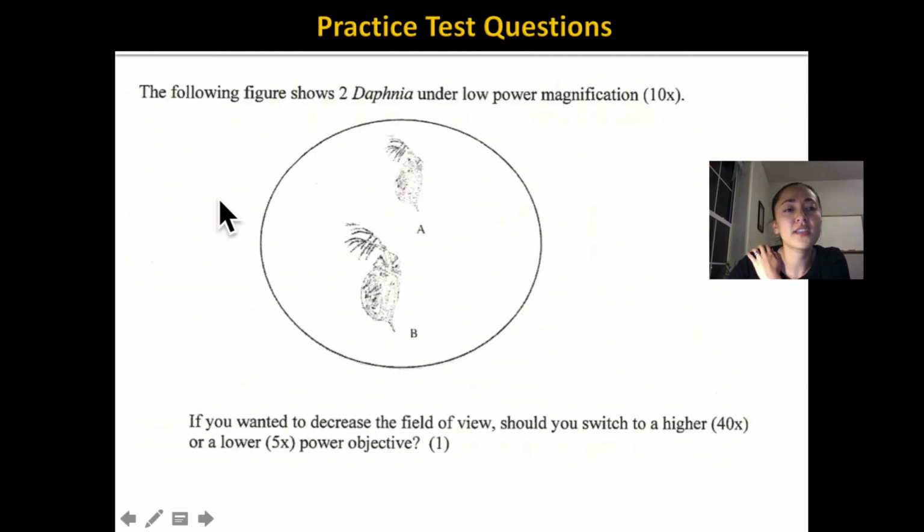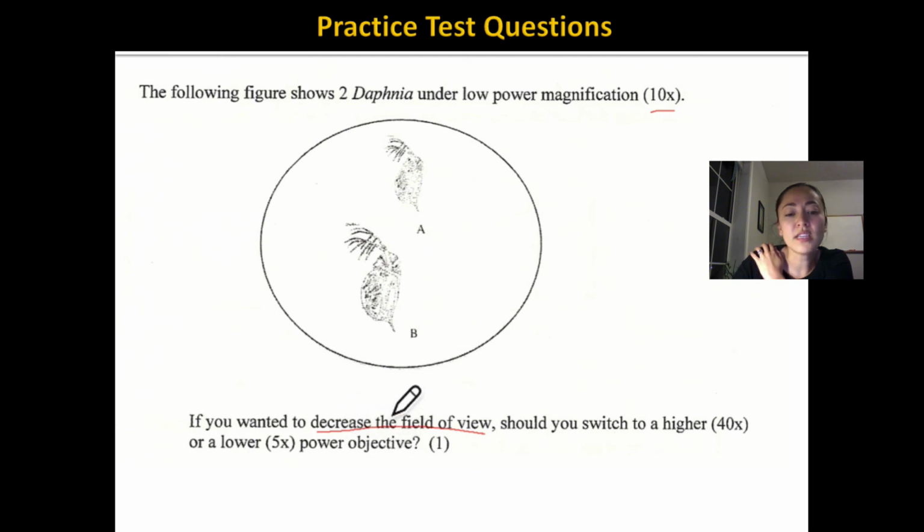The next question says, the following figure shows 2 Daphnia under low power magnification. So we're at a low power, only 10 times magnification. If you wanted to decrease the field of view, should you switch to a higher or lower power objective?